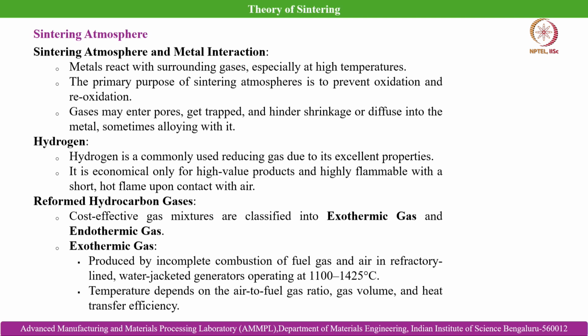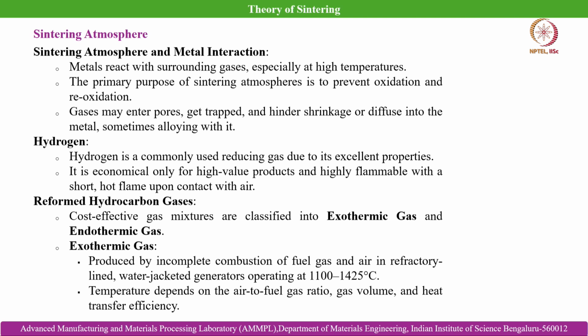Exothermic gas is produced by incomplete combustion of fuel gas and air in refractory lined water jacketed generators operating at 1100 to 1425 degree centigrade. The temperature depends on the air to fuel gas ratio, gas volume and heat transfer efficiency. So, this is the case of exothermic gas.